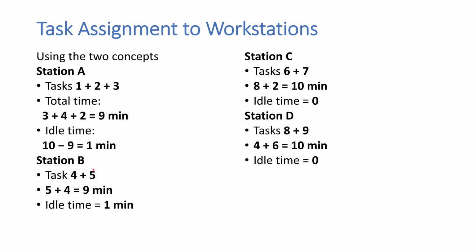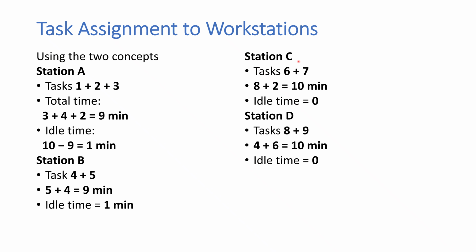Then station B, that is the second workstation, has tasks 4 and 5. 5 and 4 are the timings of the tasks in that workstation. So 5 plus 4 is 9, that is less than 10. So idle time here is 10 minus 9, that is 1 minute.